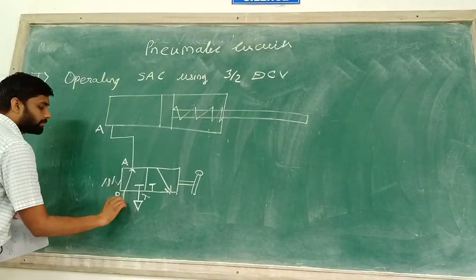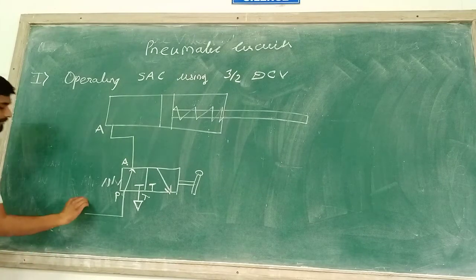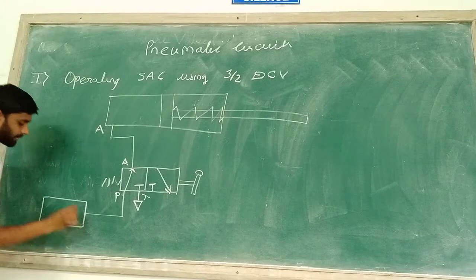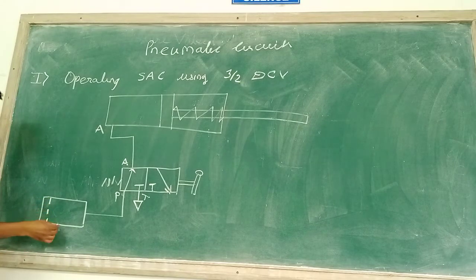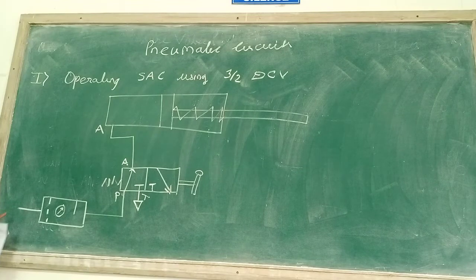So now this pump port P is connected with the FRL. You know what is FRL? It is filter, then regulator and lubricator here. And from this side we are going to connect the air compressor. Here you can see air is coming from this air compressor.